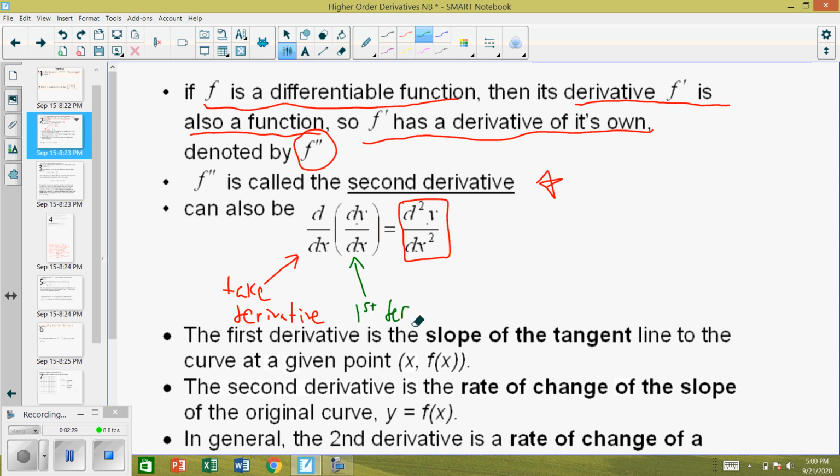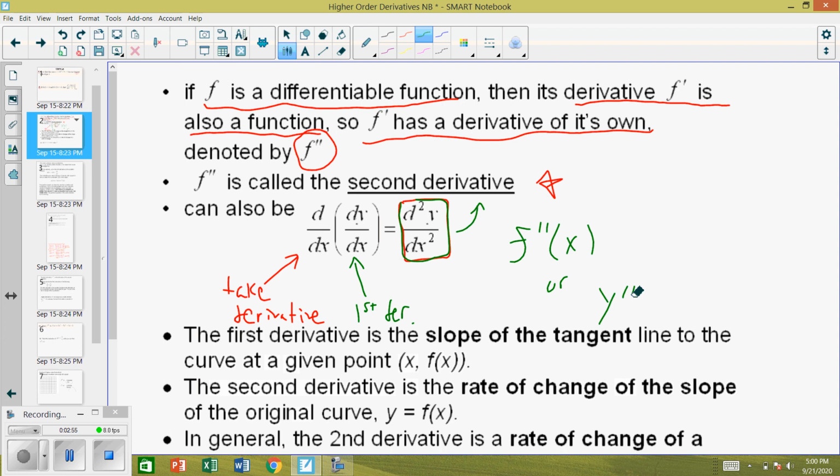If we take the derivative with respect to x of the first derivative, then we are left with the second derivative, d squared y over dx squared. That means second derivative, and we can also write it f double prime of x or y double prime. Either way is fine.